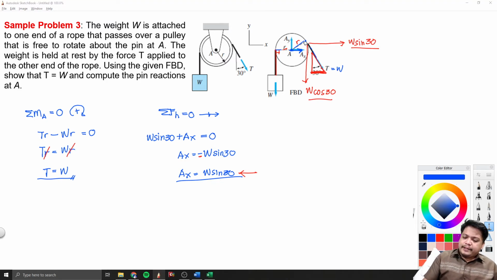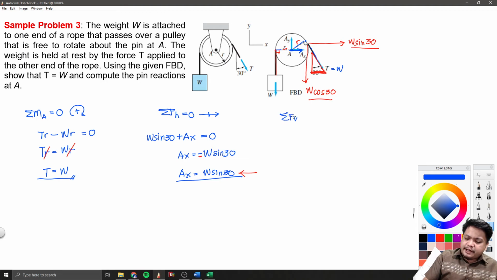Okay? I can also take the summation of forces vertical equal to 0. I have upward, AY. Then downward, minus W, and then this one, minus W cosine of 30, equal to 0.